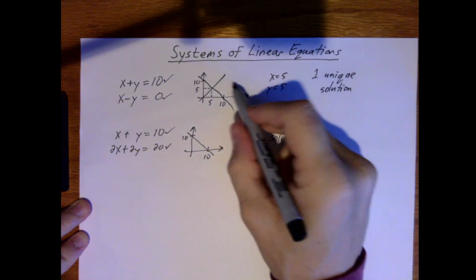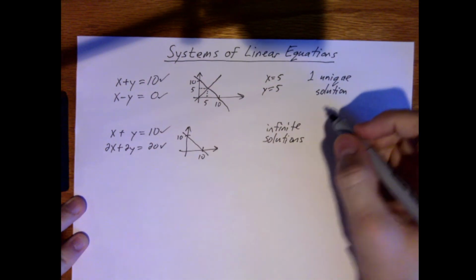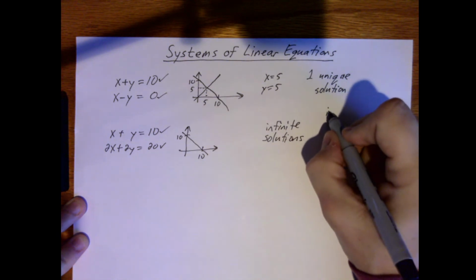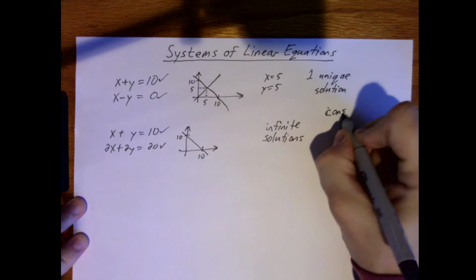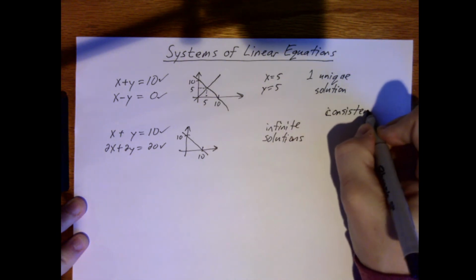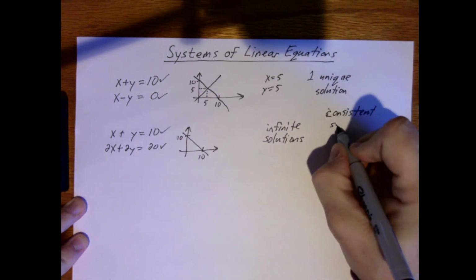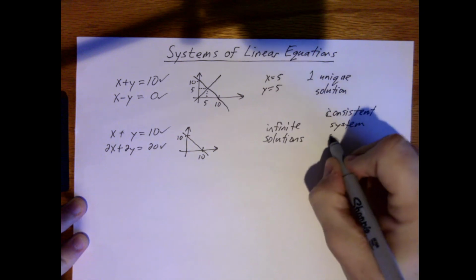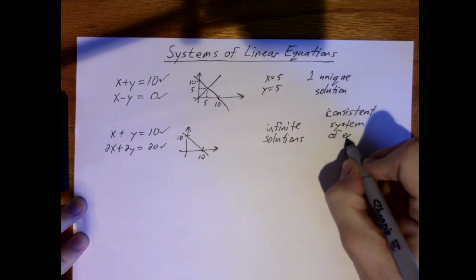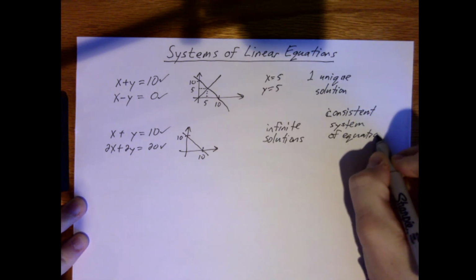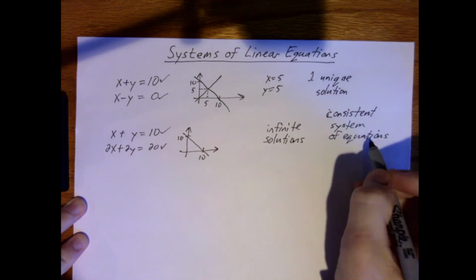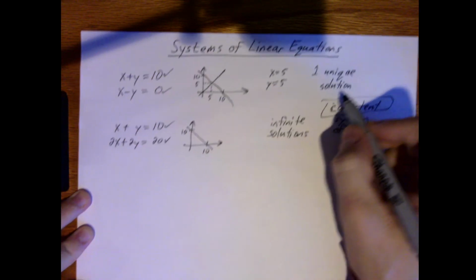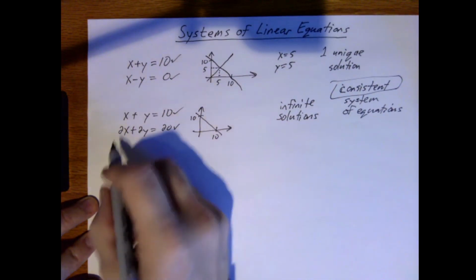And we would say that in both of these situations we have a consistent system of equations. Or typically we'd say the system of equations is consistent, right? And then there's one more possibility.